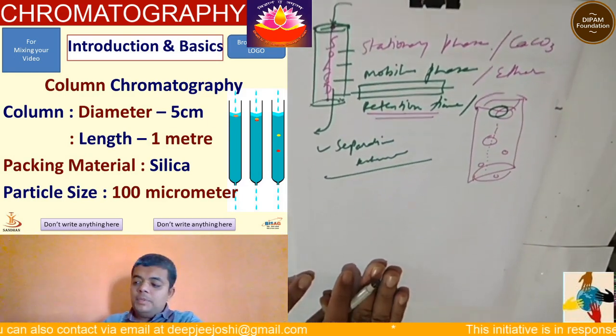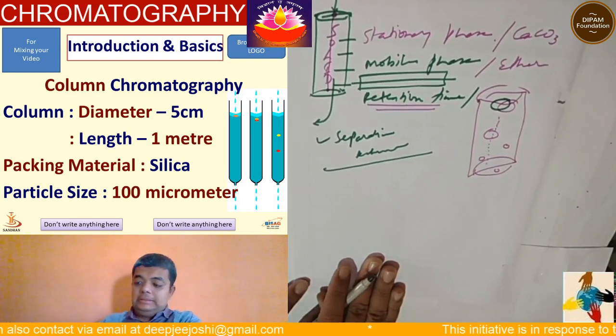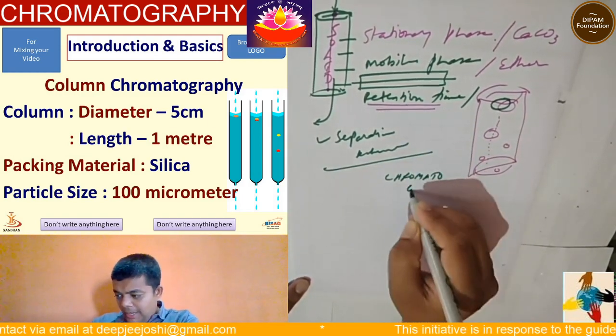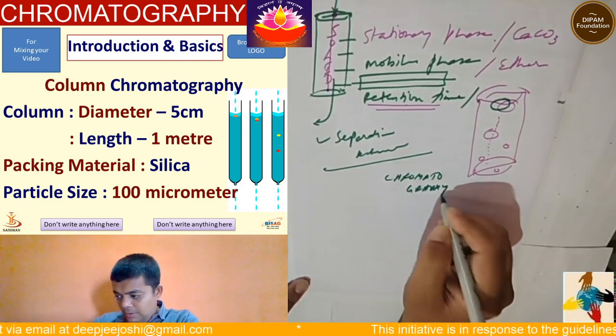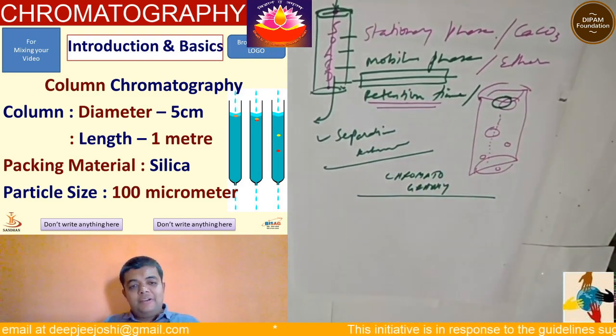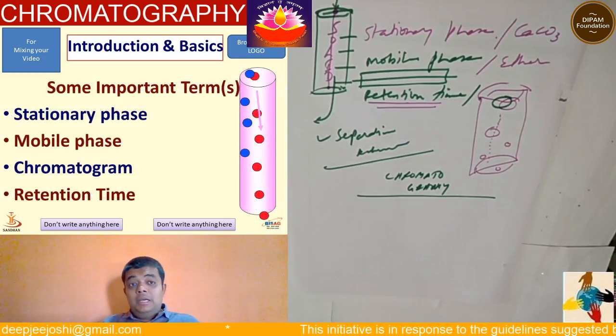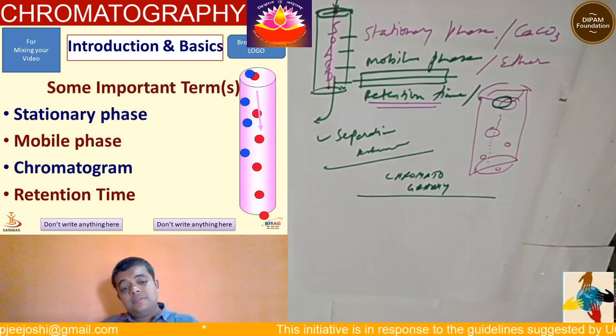Now, once we have this, we should first of all be aware of the classification of chromatography. We came across two terms, that is mobile phase and stationary phase.